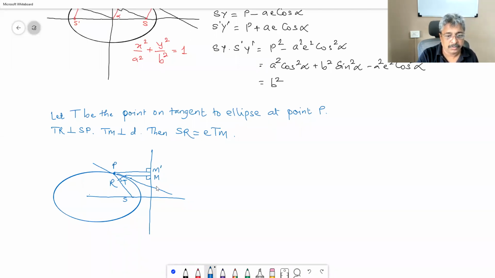If you join this point K with S, that is also supposed to be 90 degrees.